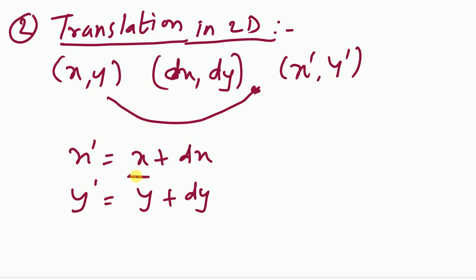So in the original point, this x is shifted by this amount dx, and it is translated to form the new value x'. Similarly, the original point is shifted by amount dy to form a new value which is y'.